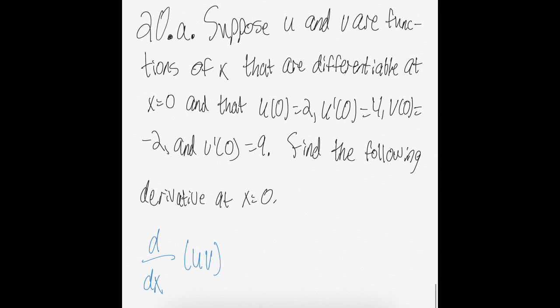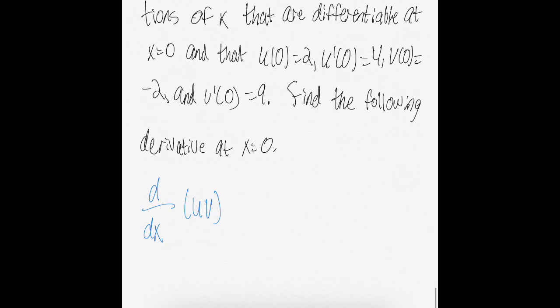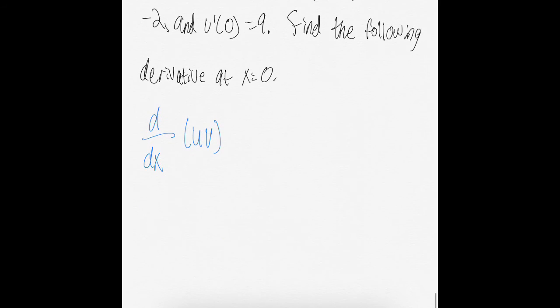So we're not actually told what the functions are. We're just given these few specific values. However, we do have enough information to find all of the derivatives that we need.